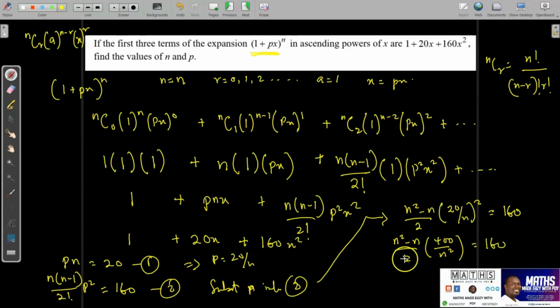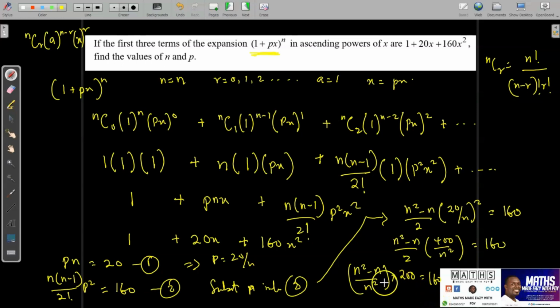Now the 2 can go into the 400 and it will be left with 200. So we have 200 times n squared minus n over n squared, and this must be equal to 160. Are we okay?